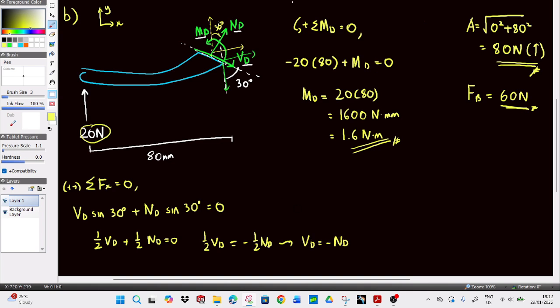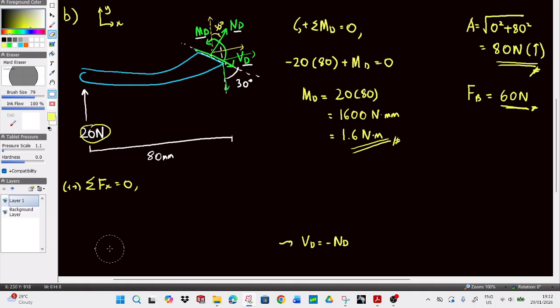That's equation 1. So I'm going to erase all this and simplify it just like that. So VD is equivalent to negative ND. That's your summation of Fx.